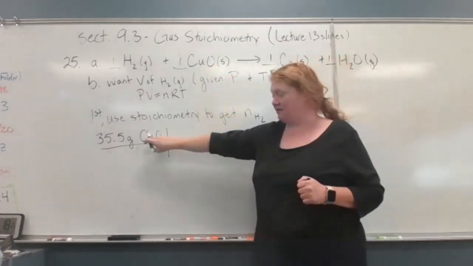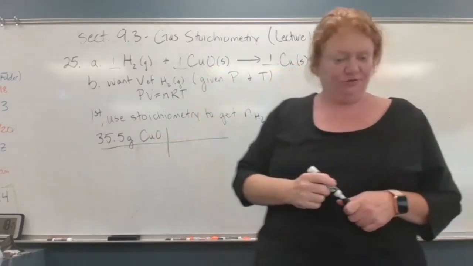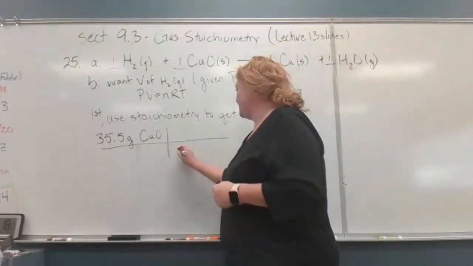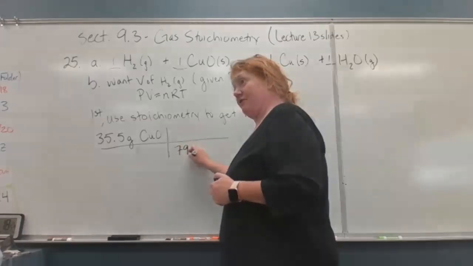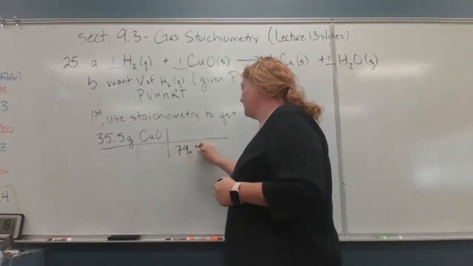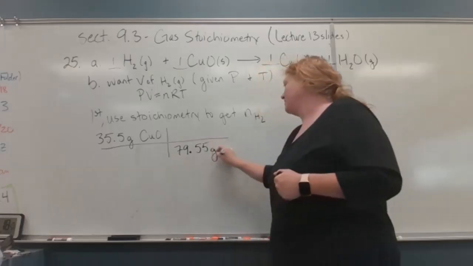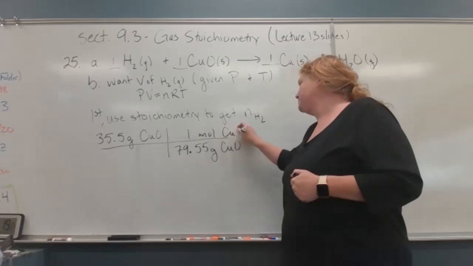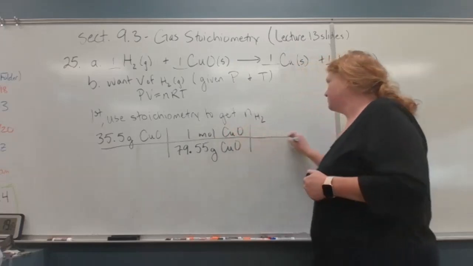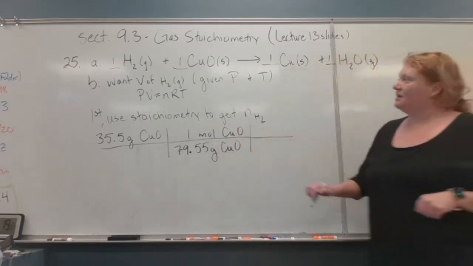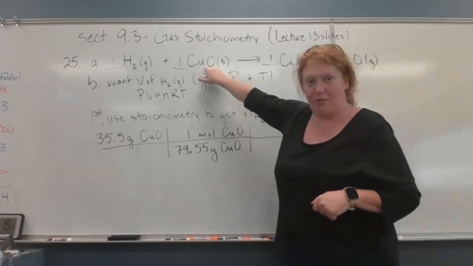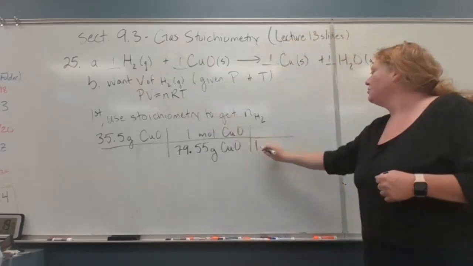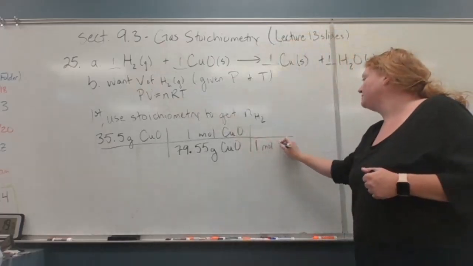So we need the molar mass of CuO, which is, if you add it up, I got 79.55. 79.55 grams equals 1 mole. And then I'm relating moles of copper 2 oxide to moles of hydrogen for this problem. So my mole ratio is 1 to 1.